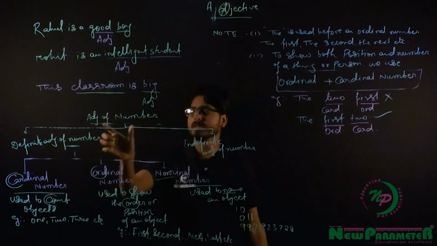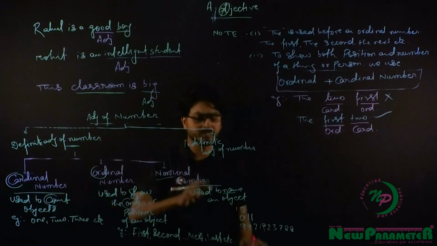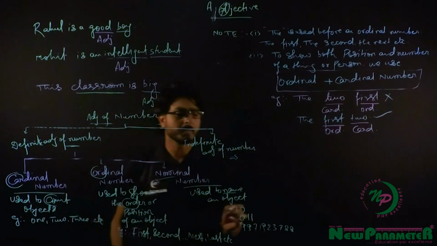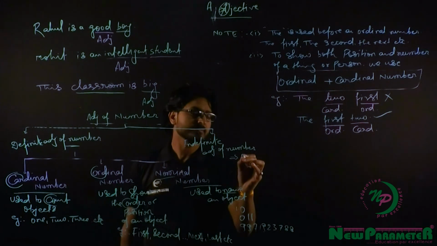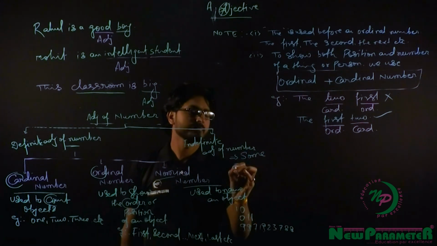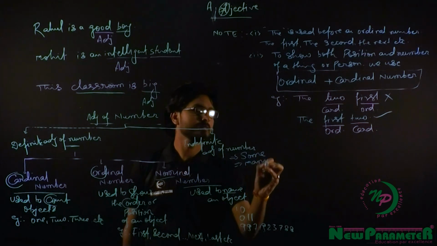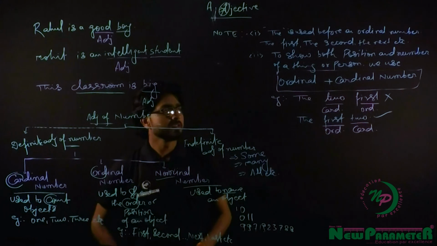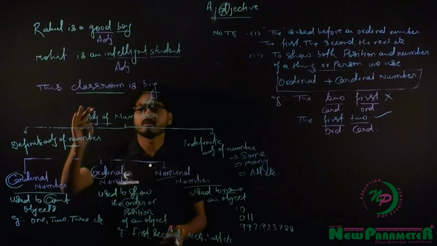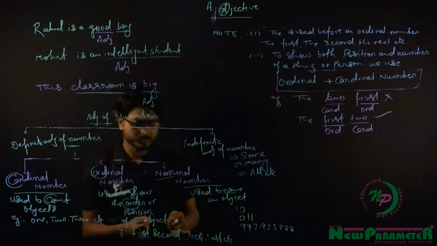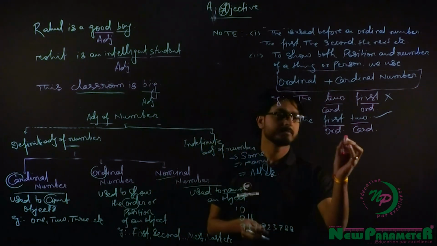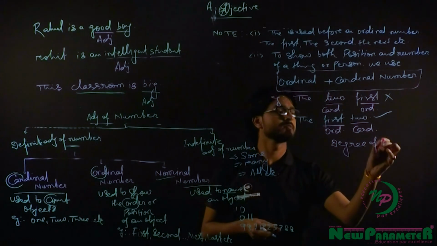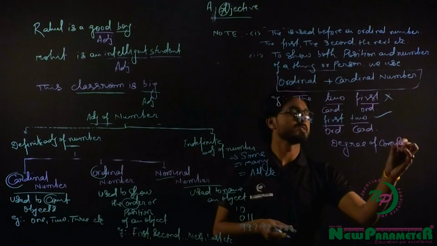Then adjective of number: there are two types, definite and indefinite. In indefinite adjectives of number, we have to study some, many, all, etc. So basically these are all about adjectives of number. Now we have to study degree of comparison.